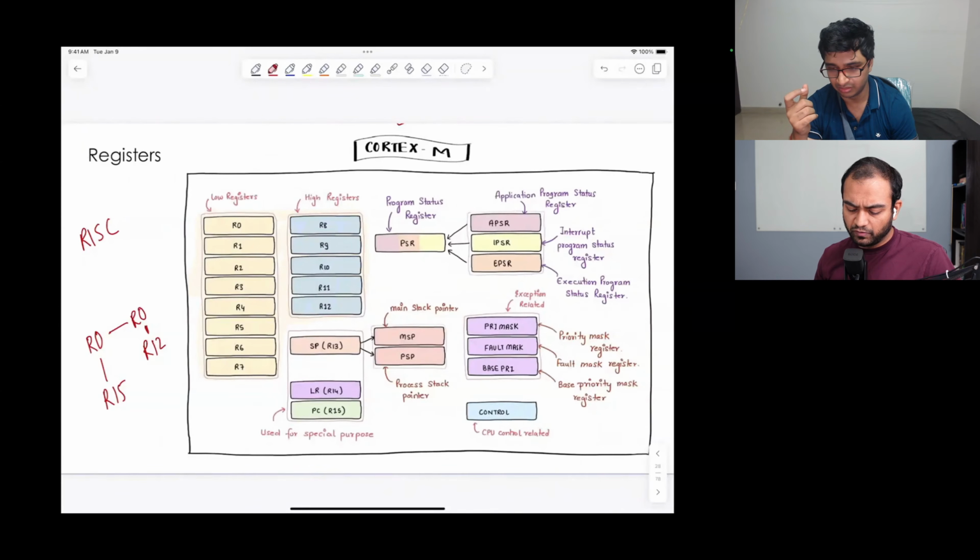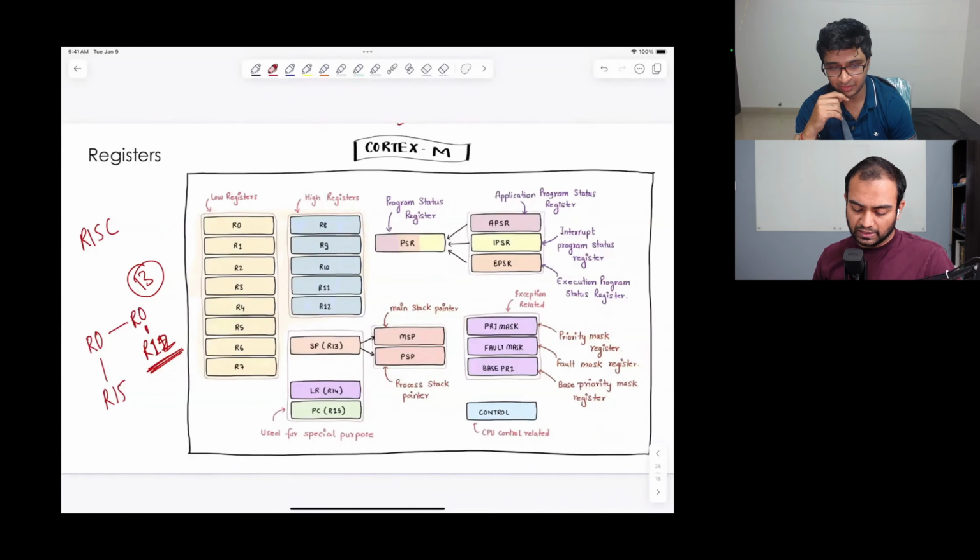I'm wondering if I made an error here. R0 through R11 are available, and then R12, R13. Oh, never mind, I think I wrote it correctly. R0 to R12 are available for the programmer to consume, but these are 13 registers, not 12.